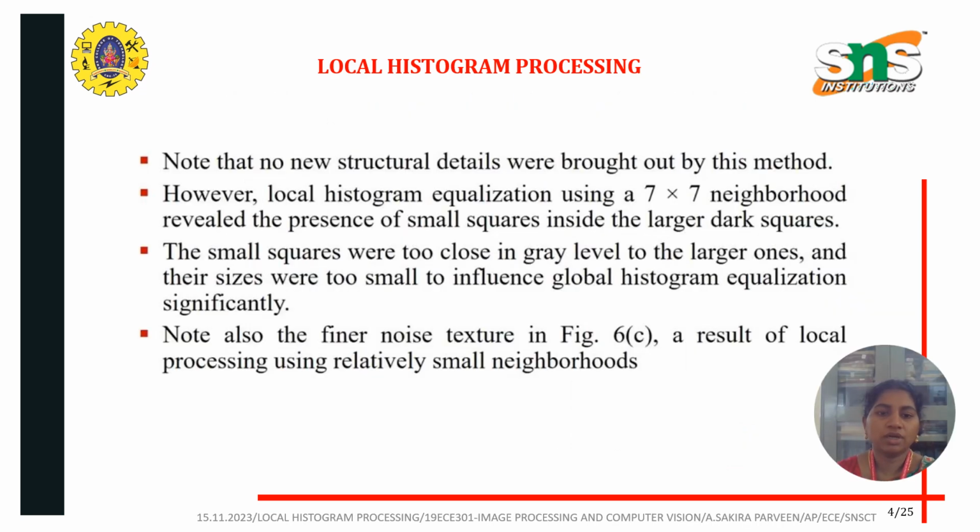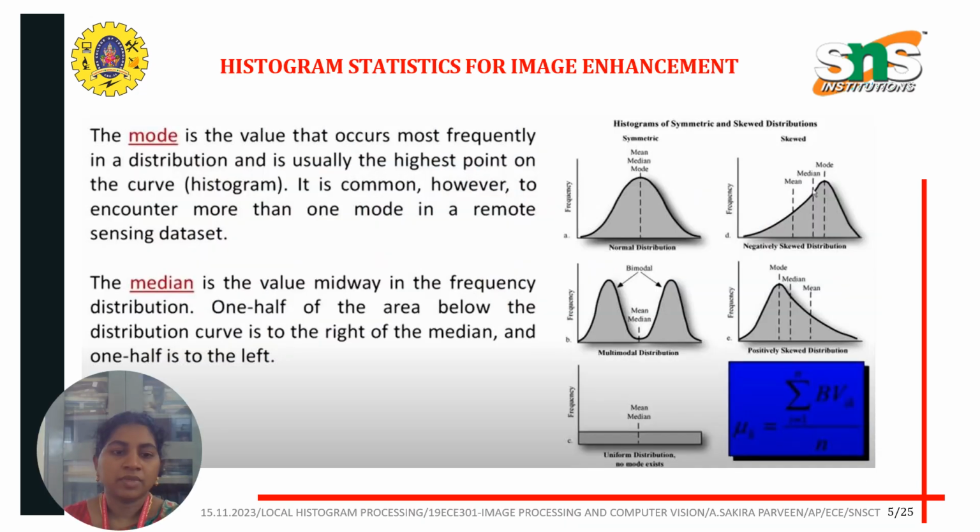Note that no new structural details were brought out by this method. However, local histogram equalization using a 7 cross 7 neighborhood revealed the presence of small squares inside the larger dark squares. So this is the histogram statistics. First one is the mode and the second one is the median.